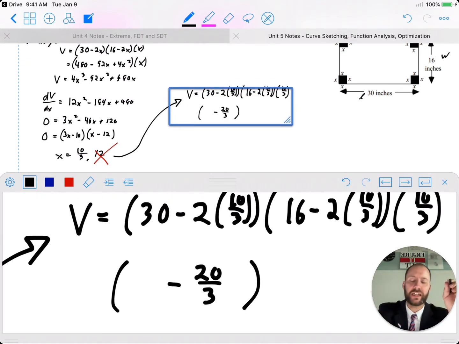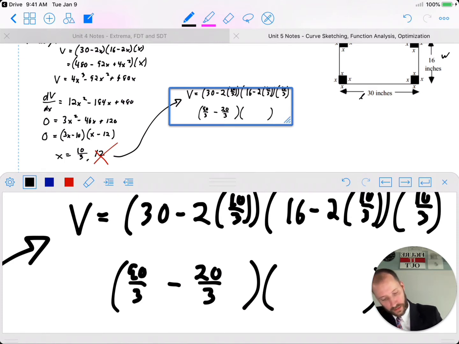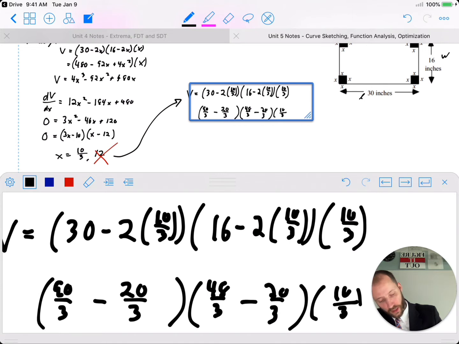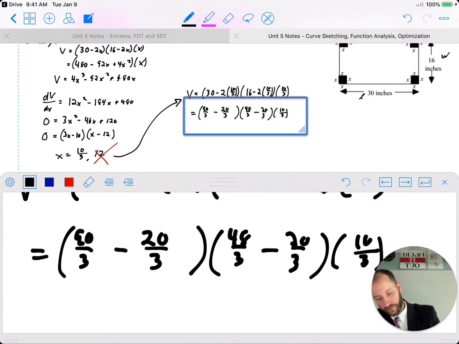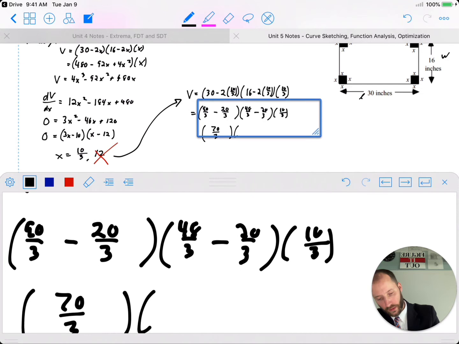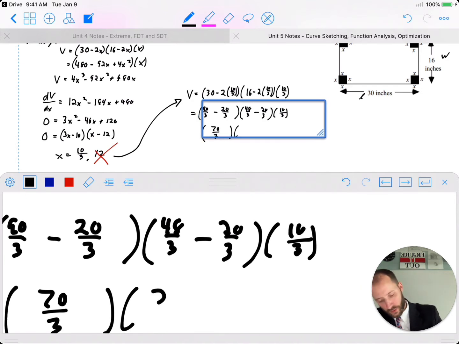And the 30, let's just get a common denominator with the 20/3, so 90/3. Then there's 2 times 10 thirds, again 20 thirds. Let's get that common denominator with the 16, so that's 48 thirds. And you have that other 10 thirds at the end. So we have 70 thirds, 48 minus 20, 28 thirds, and another 10 thirds.